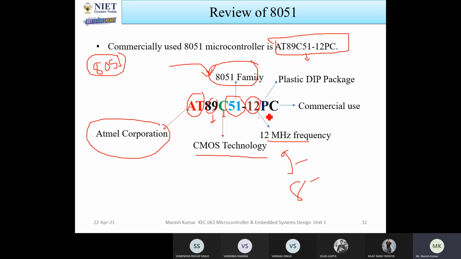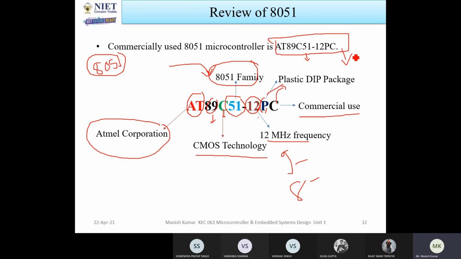Now next, P is used for plastic DIP packets, and C indicates that it is commercial use. So generally, if you are going to buy 8051 microcontrollers, you can get these ICs named like this.